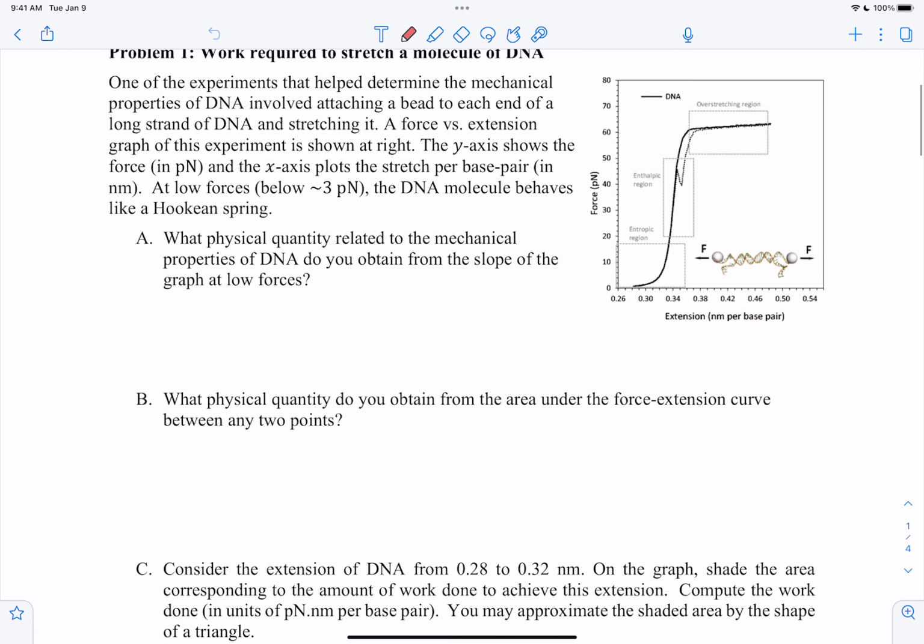So if we have change in y divided by change in x, what's our y variable? Should be just force, right? Yeah, exactly, force. So our y variable is force. And then our x variable is extension, or the distance, and that's the same as x.